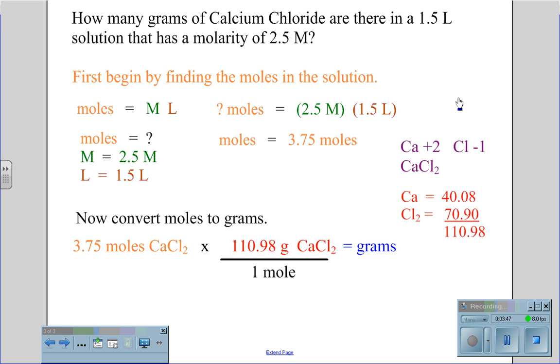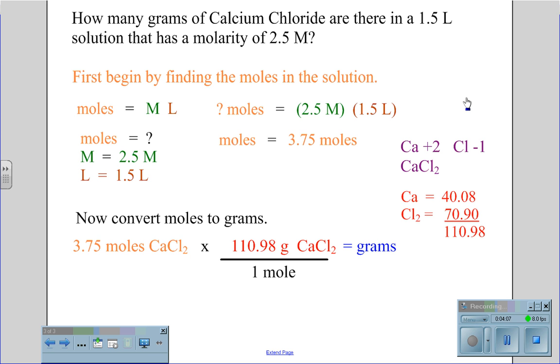From that, we calculate the gram mass or molar mass of calcium chloride. Calcium is 40.08. Chlorine, which is 35.45, we multiply that by 2 and get 70.90, which gives us a molar mass of 110.98.